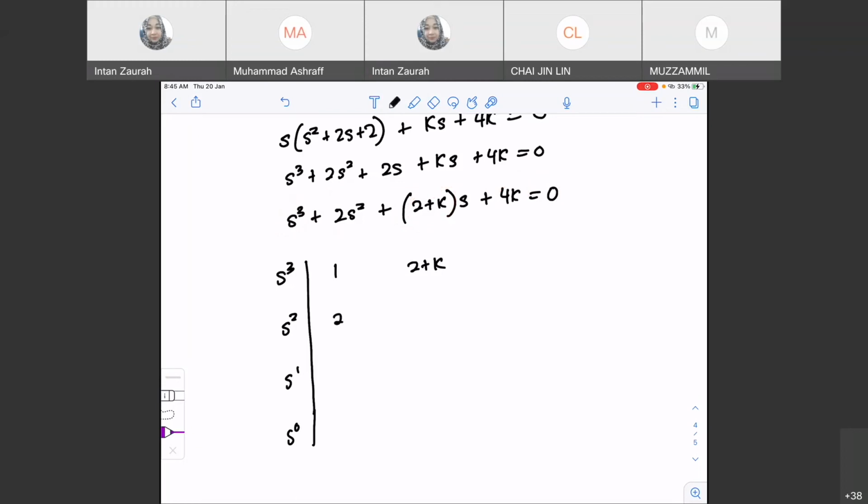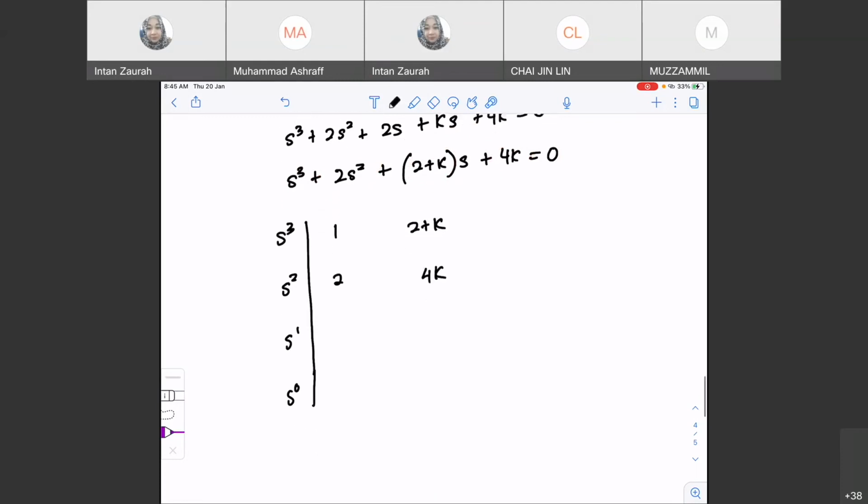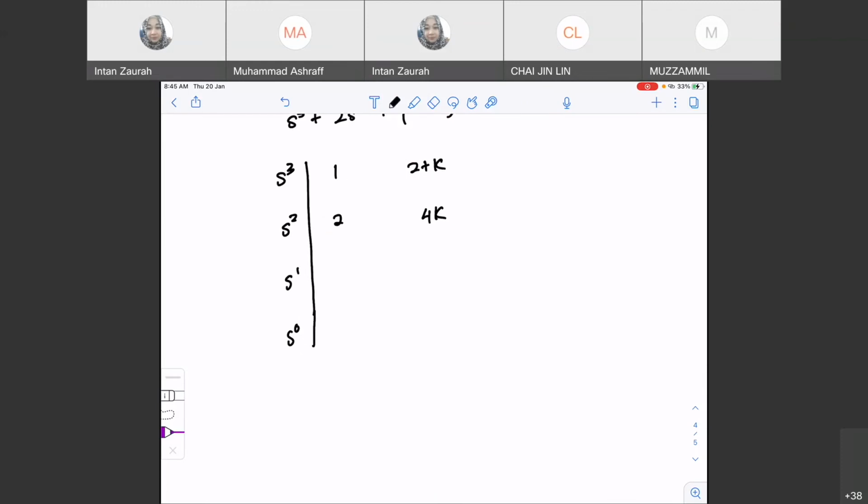Okay, so this is 2 here. Why? Because coefficient of s squared. Then I will skip coefficient of s1, I'll go to coefficient of s0. So 4k is actually the coefficient of s0. Okay, so that's how you fill the first 2 rows of your root array.